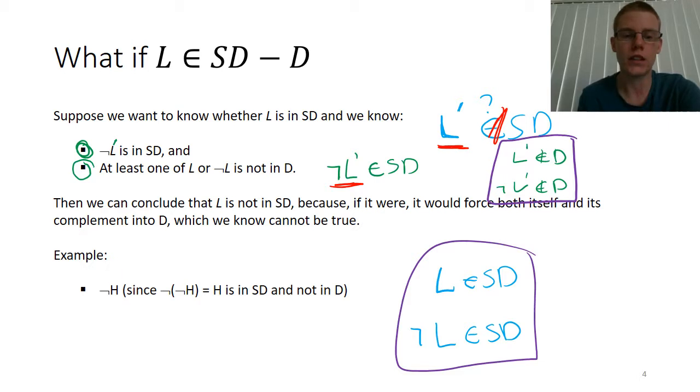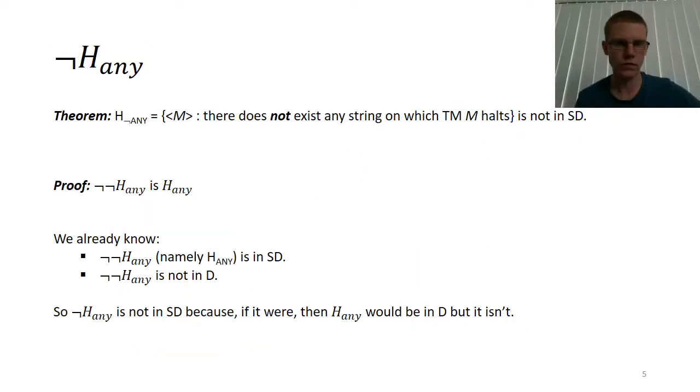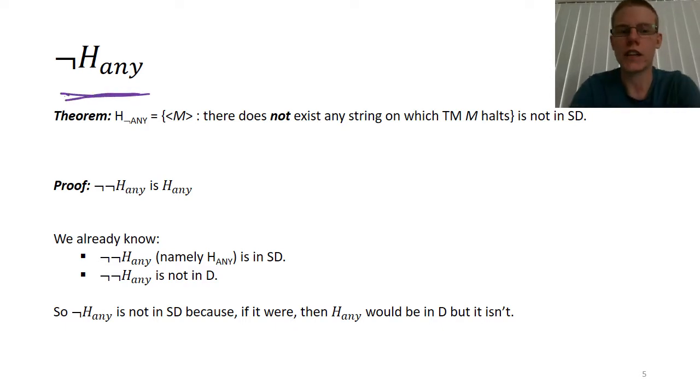decidable. So what we can do is talk about the language and whether or not its complement is semi-decidable but not decidable. So it's in the set SD, take away the set D. So we're going to use this complement approach to prove that the complement of H of any is not semi-decidable.